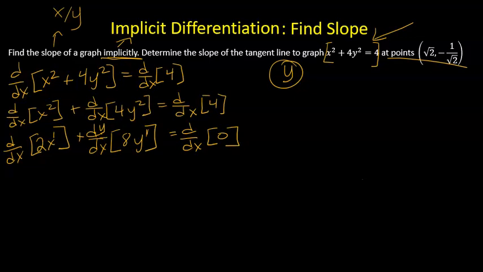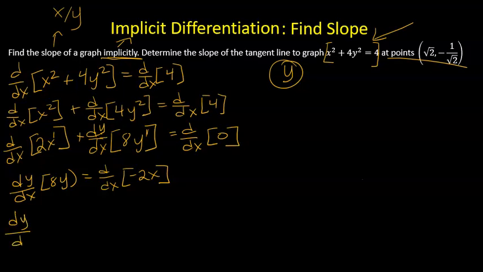So now I need to put dy dx on one side and everything else on the other. So let's do dy dx times 8y equals, moving the 2x over, negative 2x. Great. I have to isolate dy dx. Well, let me do it in the more traditional way. 8y, 8y.